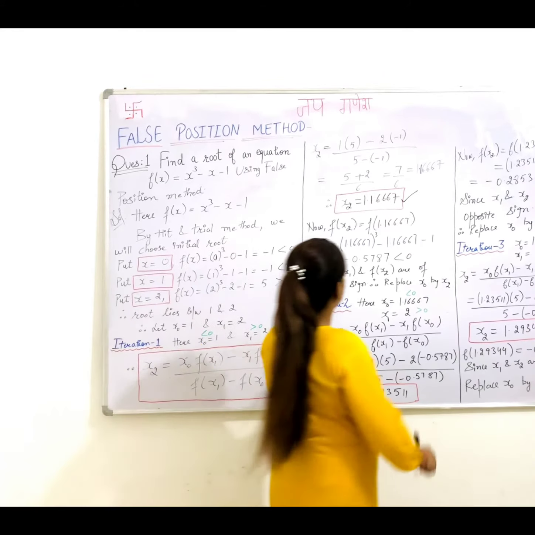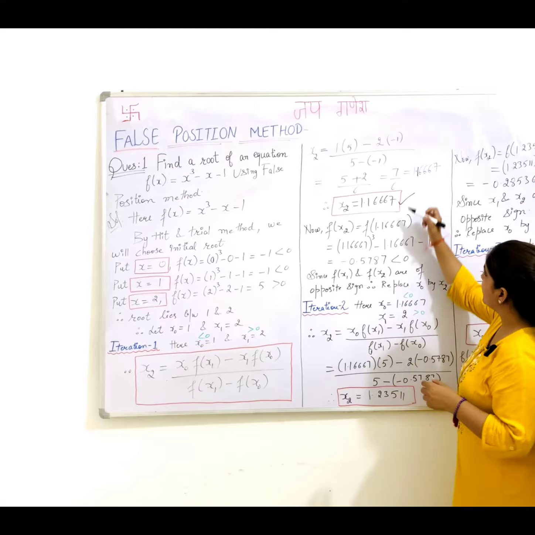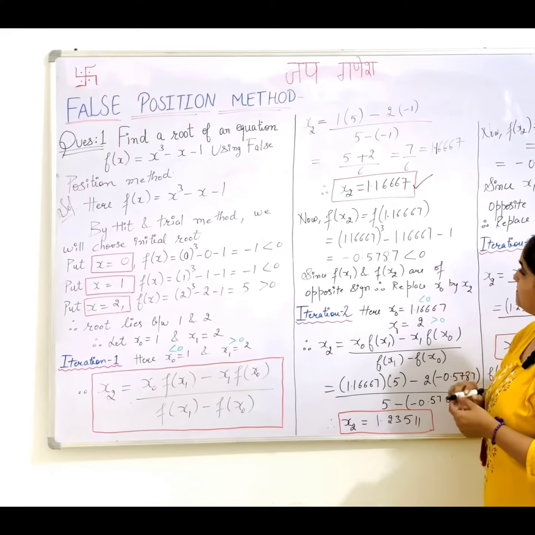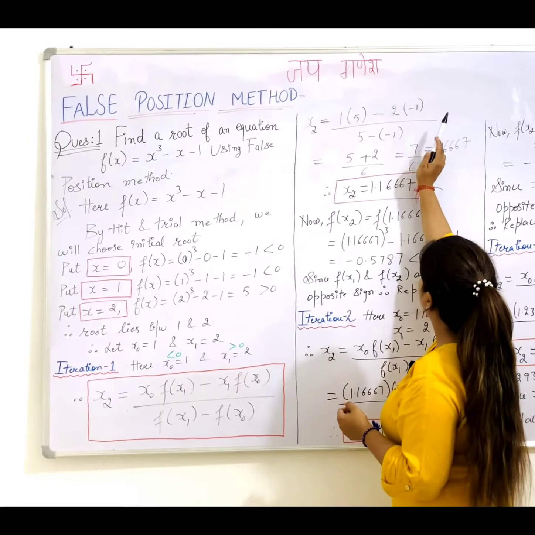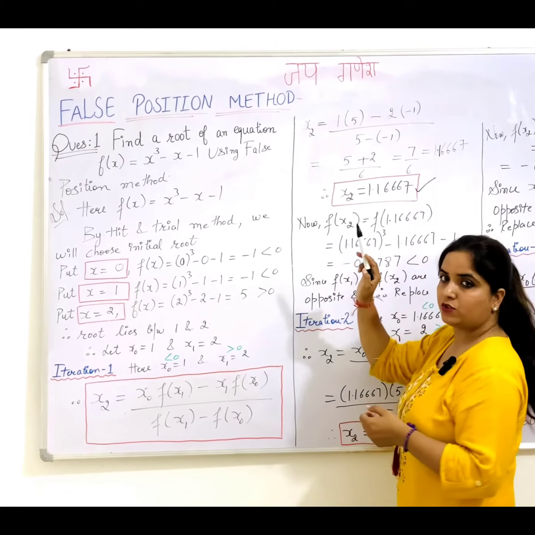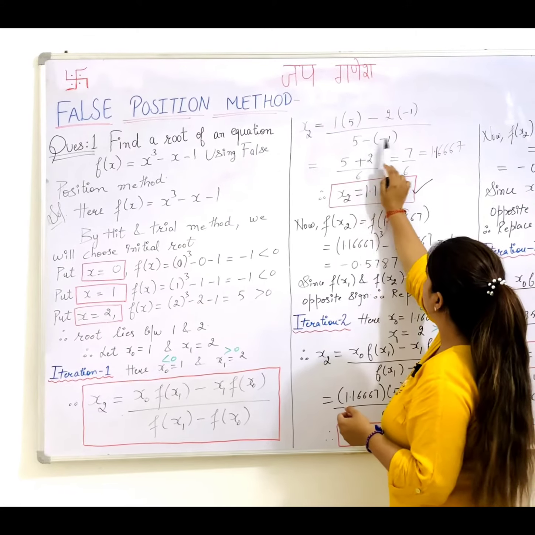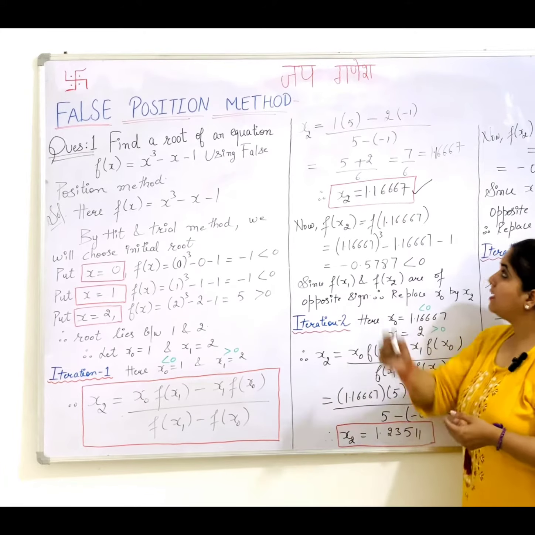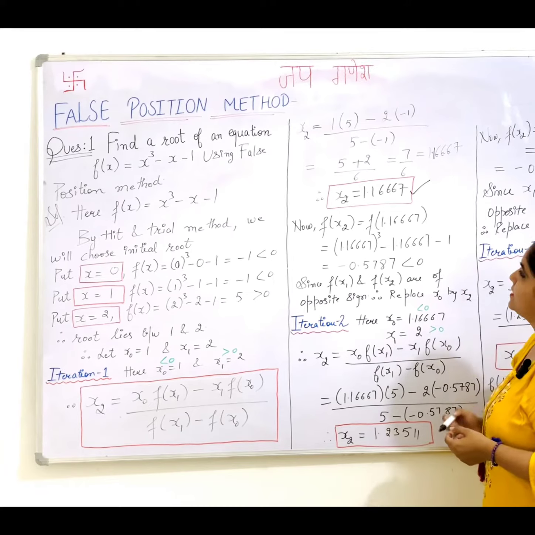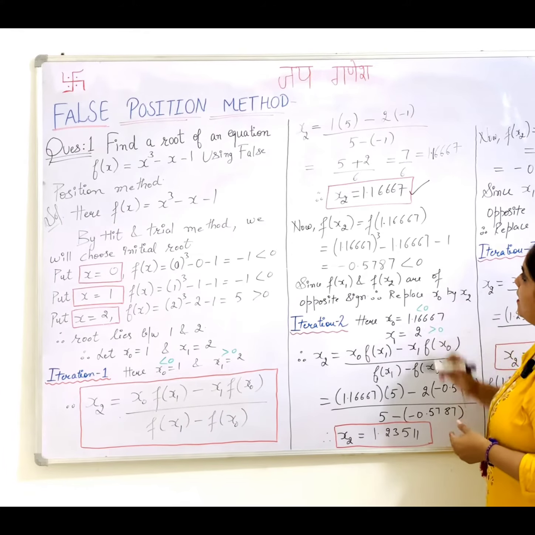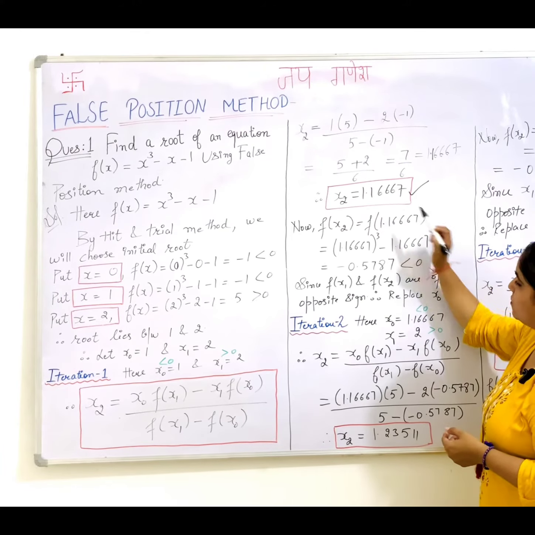So all values are substituted and we get the answer as 7 by 6: 1 into 5 is 5, minus 2 into minus 1 gives plus 2, over 5 plus 1, that is 6. Answer is 7 by 6, which is 1.1667. So this is the answer of x2.